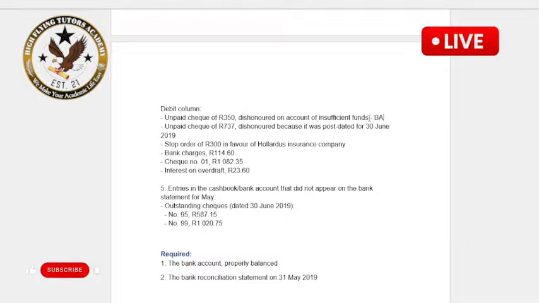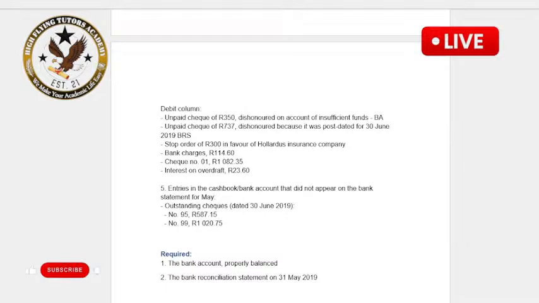It's supposed to be paid next month, not this month. We are dealing with the books of May, so we are going to reverse that check until the check is cleared in the correct month and the correct date. So this one is going to be corrected in the BRS. It's going to be a credit amount wrongly debited, so it's going to be BRS, right? BRS, okay?